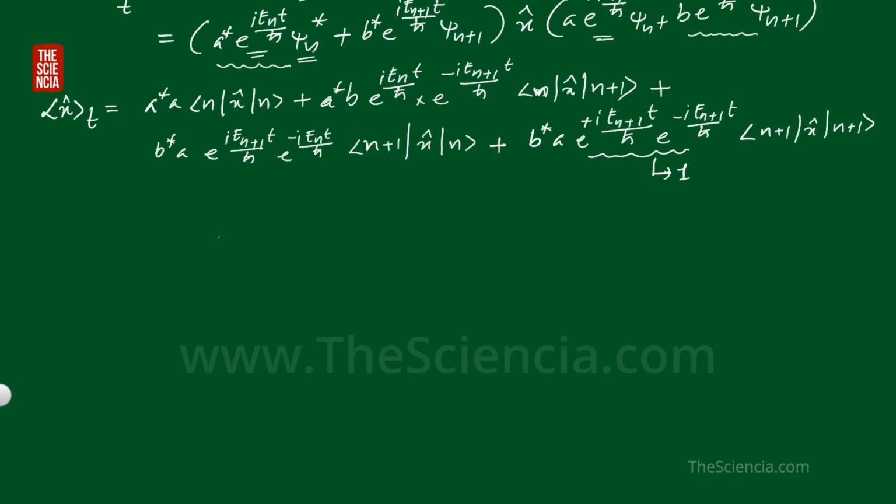And now we have to substitute this x cap operator, that is equal to root of ħ by 2mω into (a dagger plus a). So we substitute this x cap for these terms and evaluate.